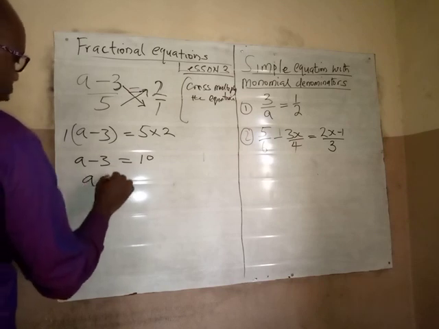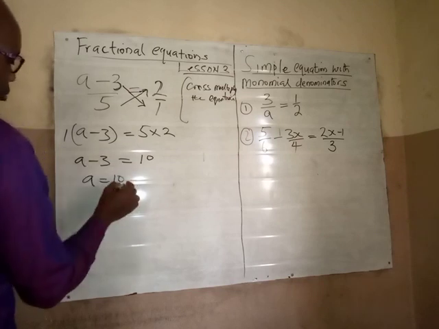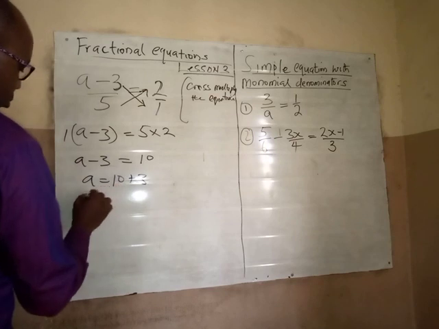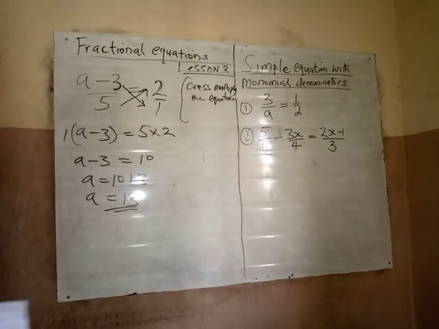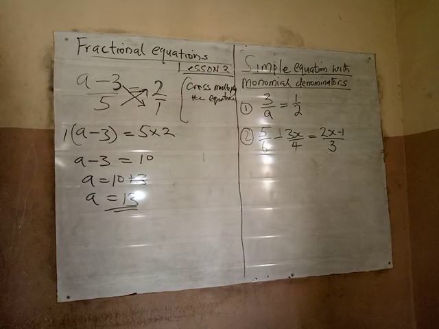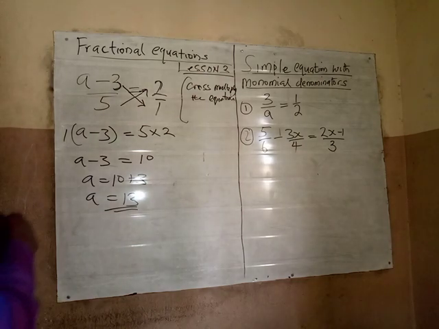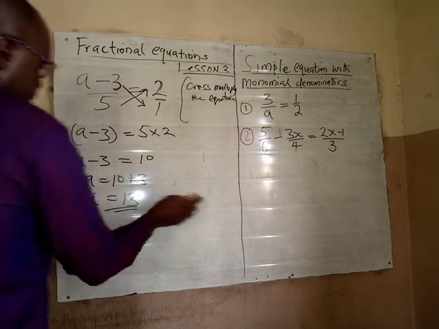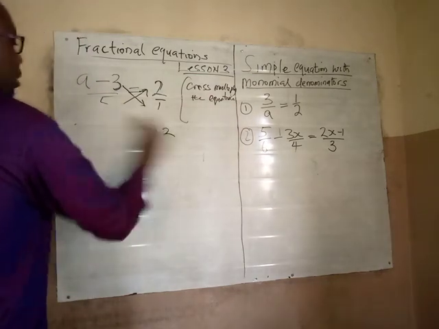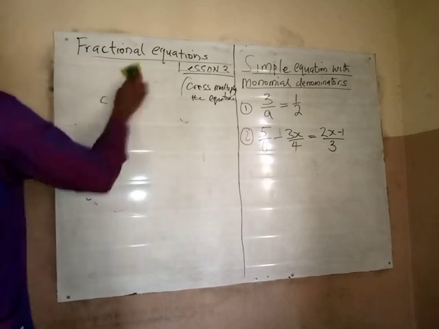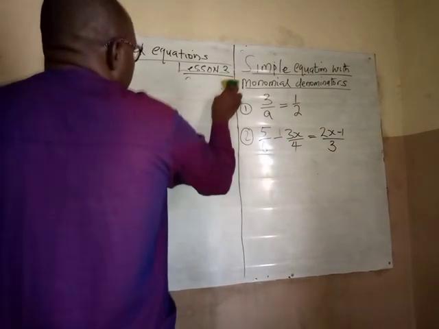A equals 10 plus 3, crossing the equation. So a equals 13. Whichever method you use, you will arrive at the same answer. We are going to take another example of how to solve this type of fractional equation.